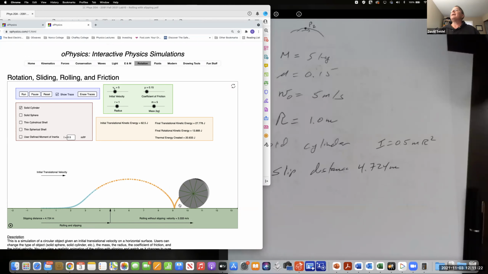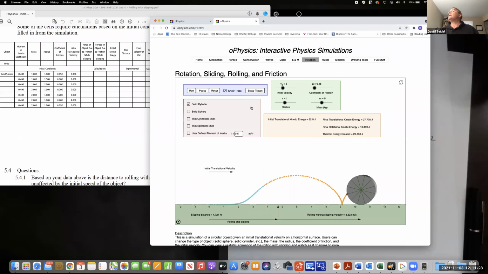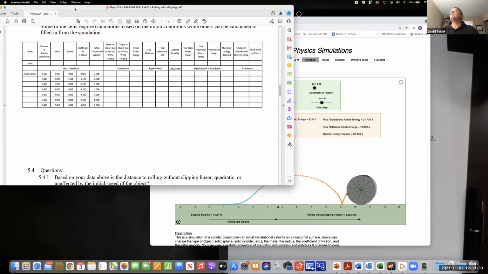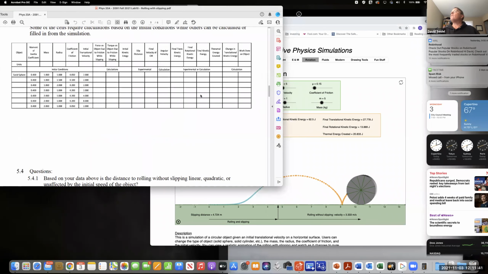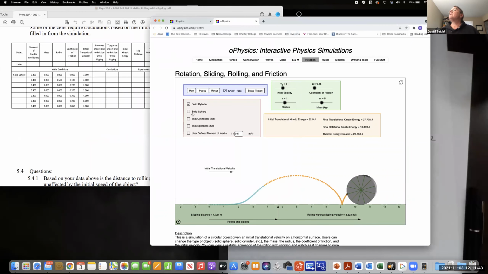For example, these are not the same initial conditions as the table. Okay, these initial conditions, you're going to use different coefficients here. Okay, a solid sphere. You can do them all for a solid sphere.